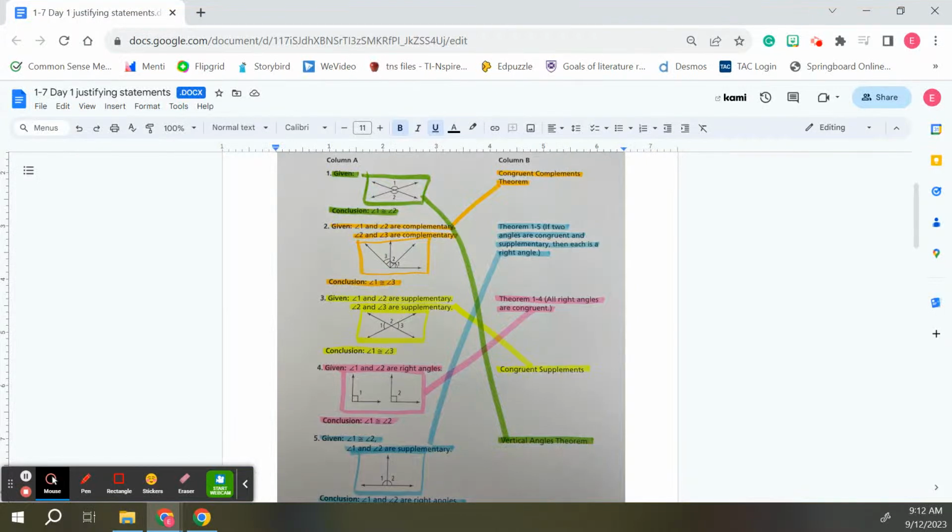Okay, so again, just check out that 1-7 vocab sheet. I color coded as much as I could.